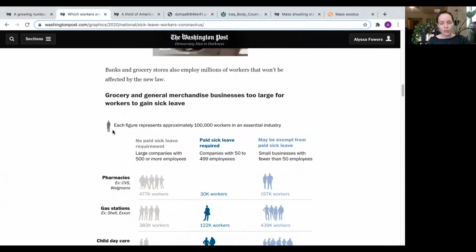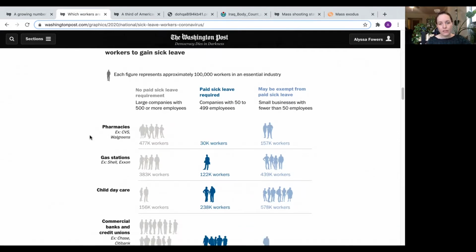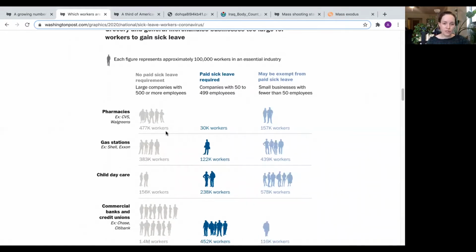So, for example, this was a story about the CARES Act back in the spring, showing who would actually gain sick leave from the CARES Act. As you might recall, there was no paid sick leave requirement for large companies, and these very small businesses had some potential exemptions. So what I did here was have each figure represent about 100,000 workers, and then label them precisely underneath.